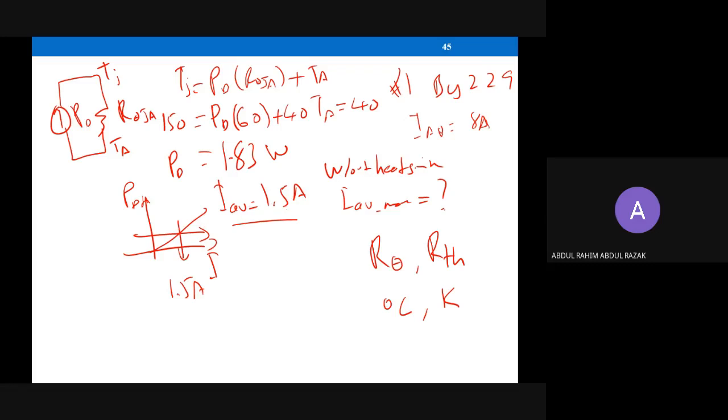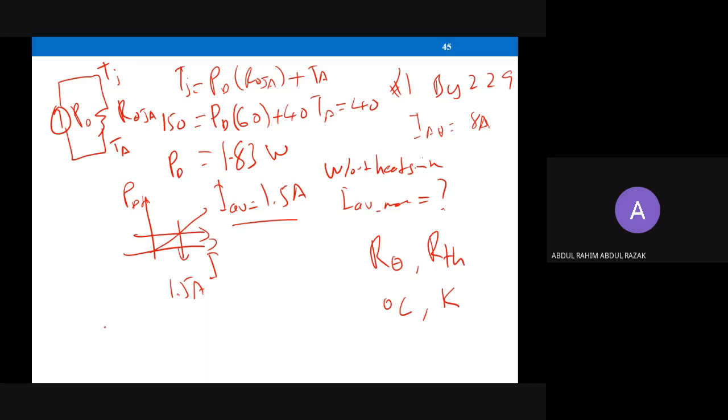It means that if you work your circuit within this current of 1.5 ampere, you will get 1.83 watts of heat losses at your switch. If you pump in more than this, you would damage your switch, because the heat will rise above 150 and it will burn your switch.